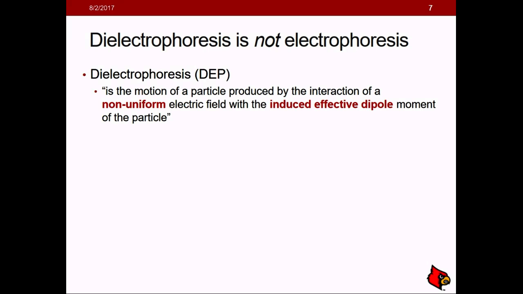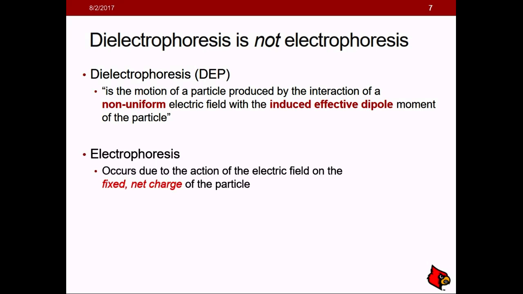In electrophoresis, you have a fixed net charge of a particle. So for electrophoresis, let's say you have a negative plate and a positive plate. So your positive particles will go towards that plate. Now that's electrophoresis.